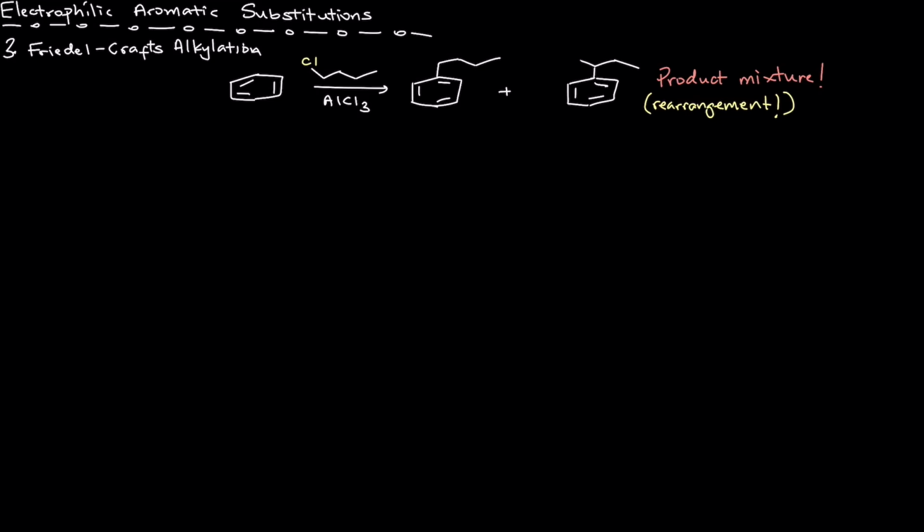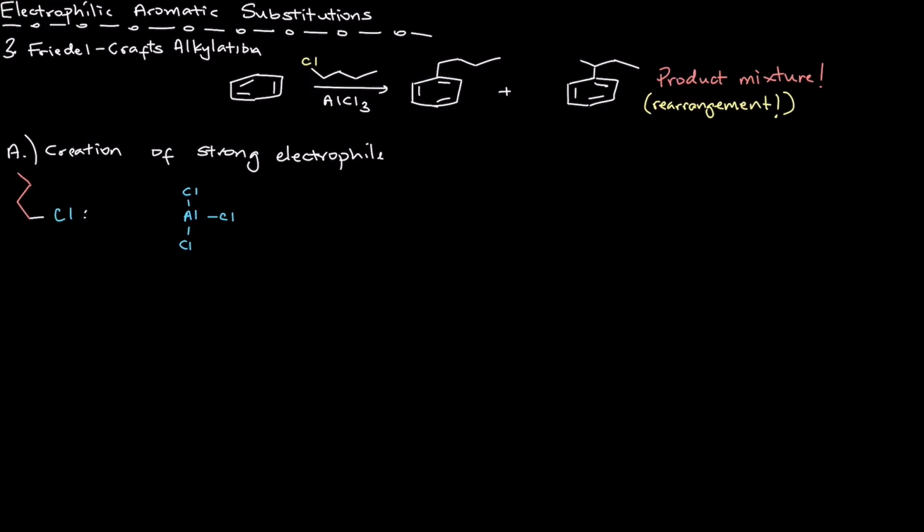And this mixture you cannot possibly avoid. The only reason we could expect a mixture here is that a rearrangement must have occurred in this particular reaction. And so we must consider this mechanism to see how this could potentially occur.